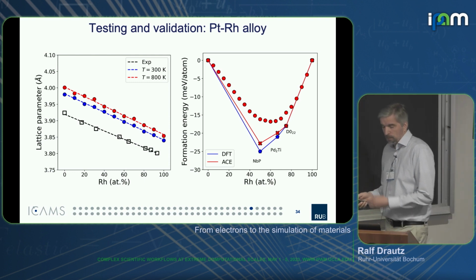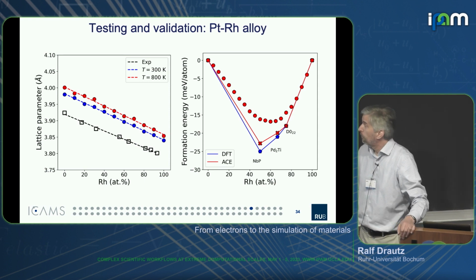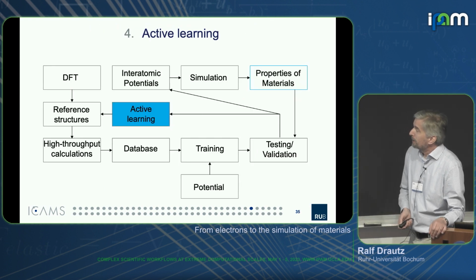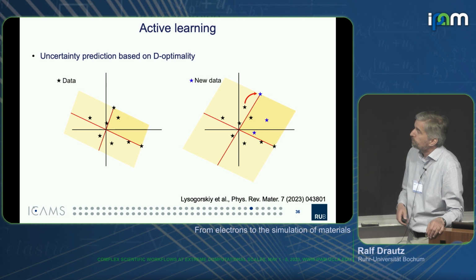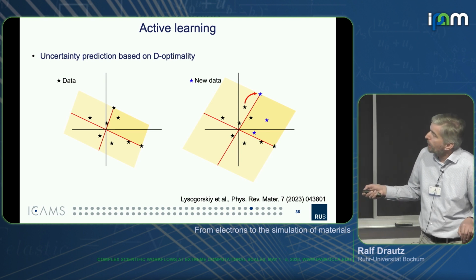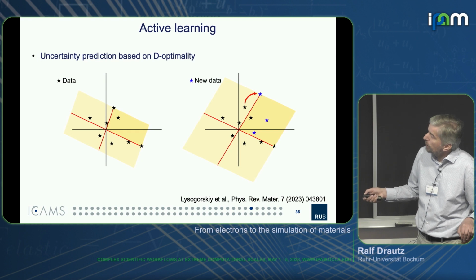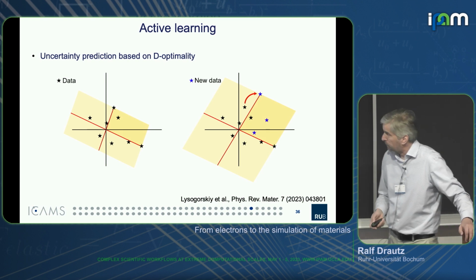Okay, now we have validated this, and I see I'm coming to the end already. So the next step is, is this good enough, or are we missing something? We use active learning based on D-optimality. If we have some data set that spans some space here, and if we enter new data that increases this space, then we take this into account in our training.